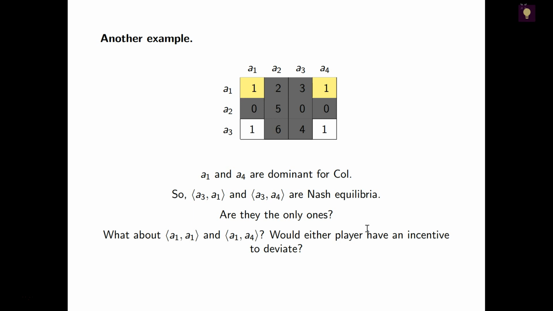And if row is playing A1 or A4, then A3 is not strictly dominant for call. If call is playing A1 or A4, then A3 is not strictly dominant for row. Row could choose between A3 and A1 and guarantee the same outcomes.